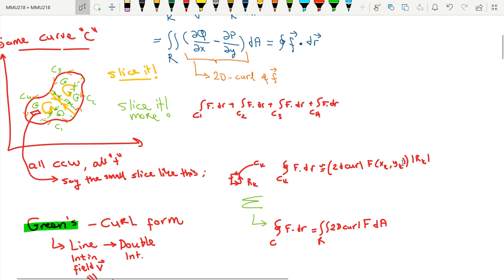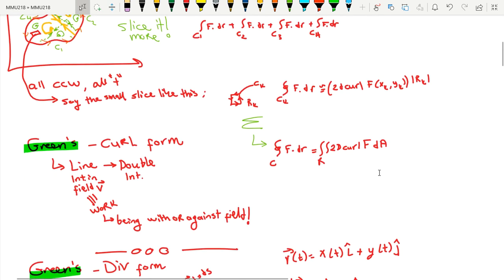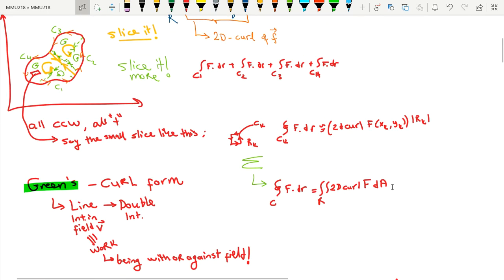And I have defined this just around this R_k, which is the subunit, the smallest unit I could go, and that integral is now the line integral around this little point. If I integrate them all, obviously I'm reaching the 2D curl of the whole area.